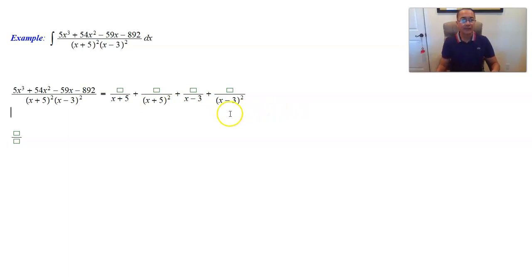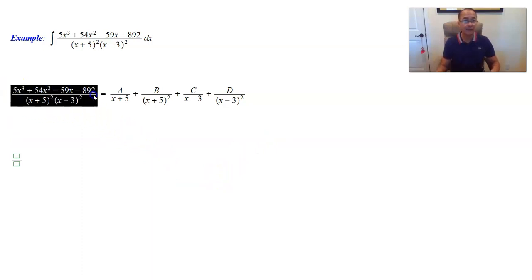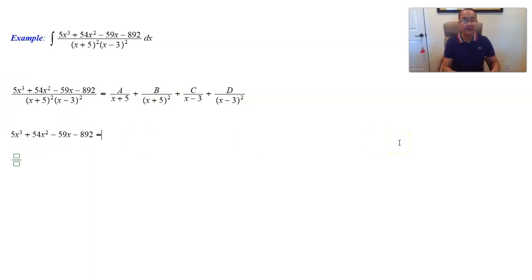Okay, so the numerators stay just plain constants, A, B, C, and D. So now we have 4 unknowns, 3 before, and once again, we will clear fractions, the denominators. So the left side simplifies to that.